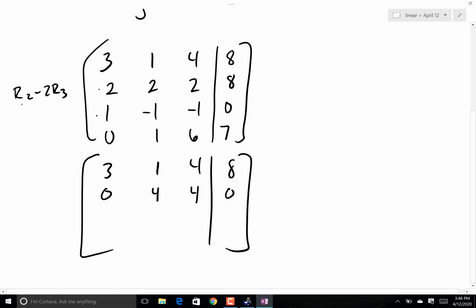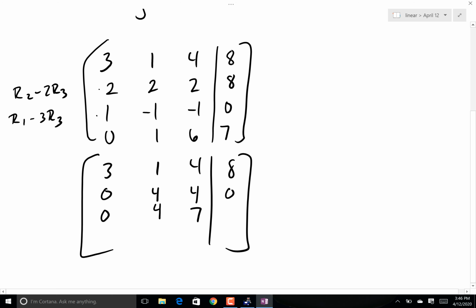And then for this one, I will take R1 minus 3R3. So 3 minus 3 is 0. 1 plus 3 is 4. Is that right? Yes. And then 4 plus 3 is 7.